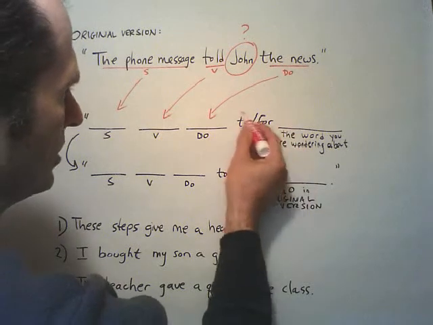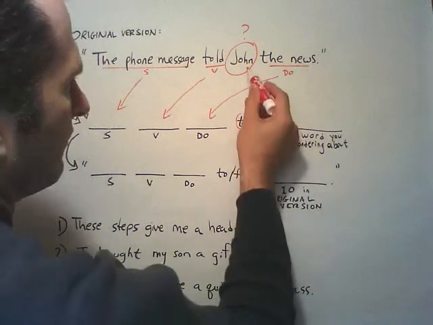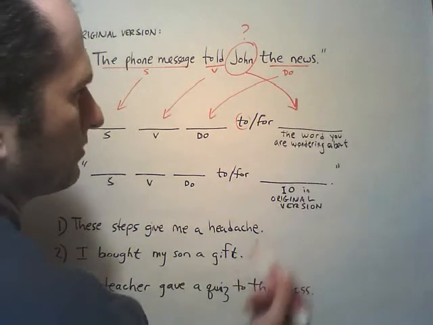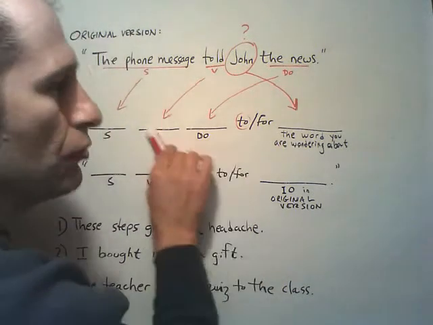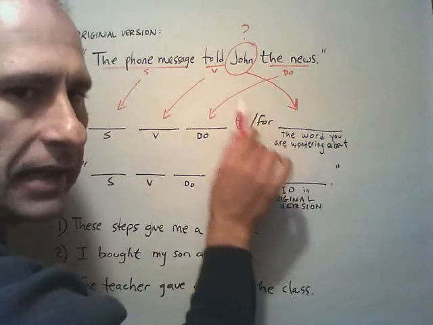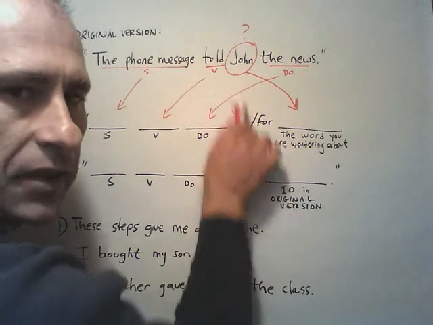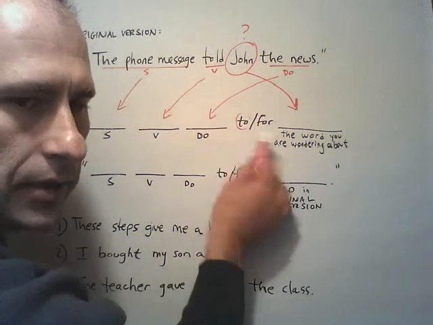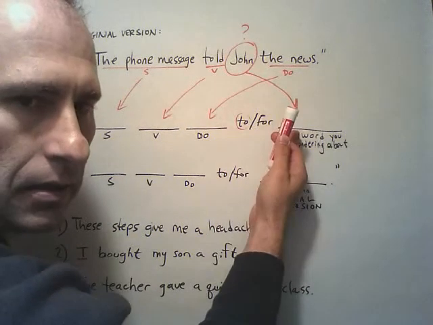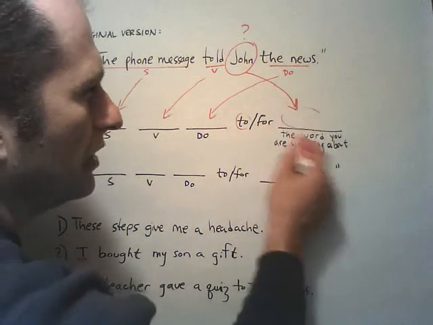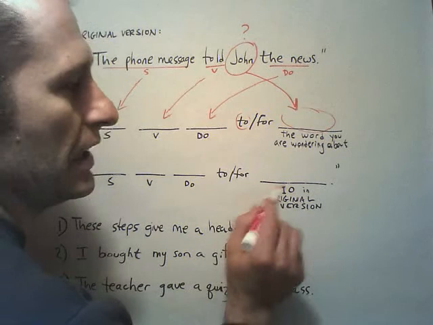For this one I'm going to pick 2, but sometimes it's going to be 4. Then I slip this word in here, and if in this rearrangement it means exactly the same thing it meant in the original version, if there is correspondence in meaning, then what you have here is the indirect object in the original version.